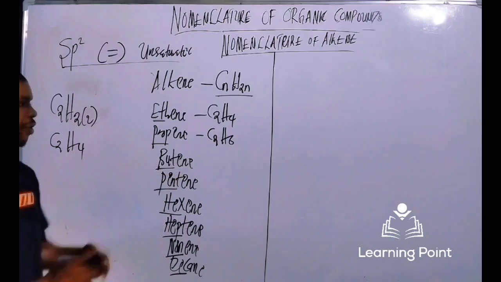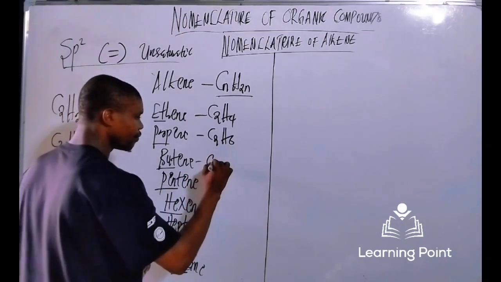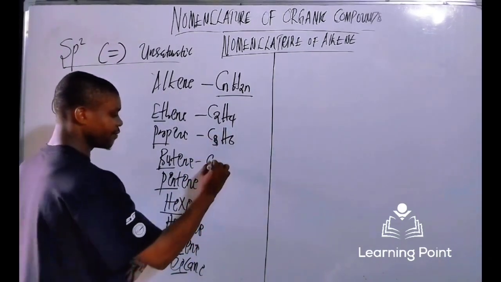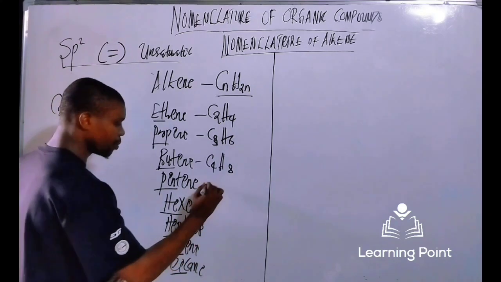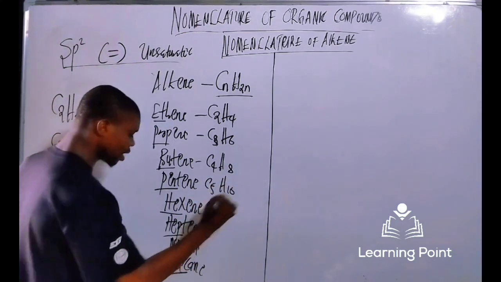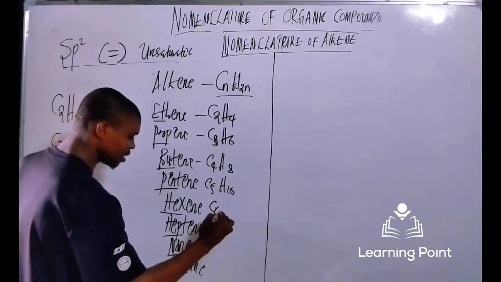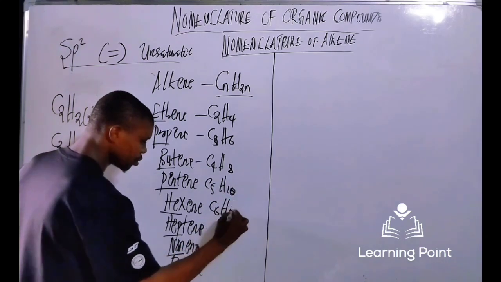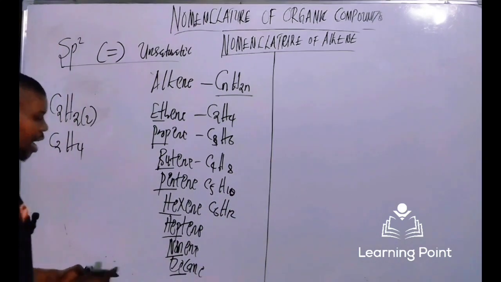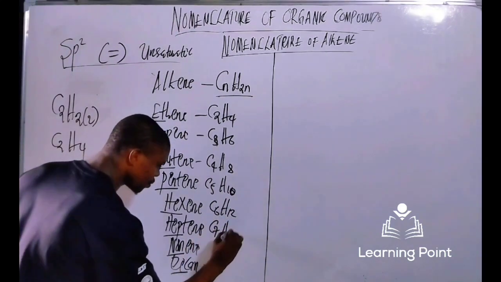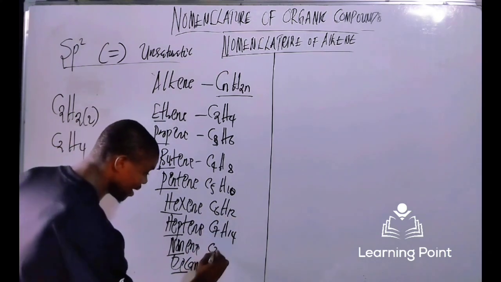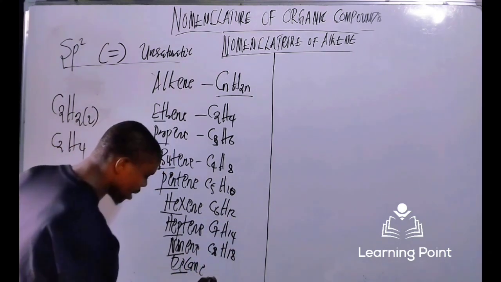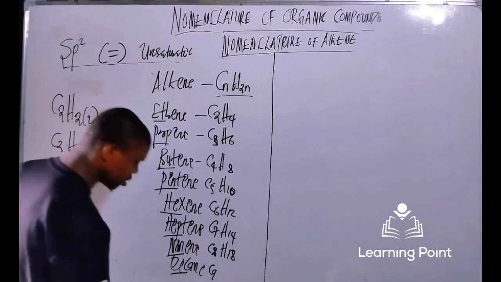If you put 4 here, it's going to be C4H8. Then C5H10, C6H12, C7H14.